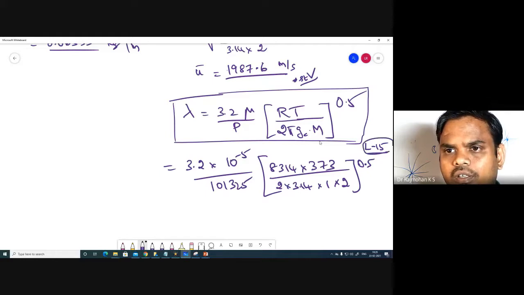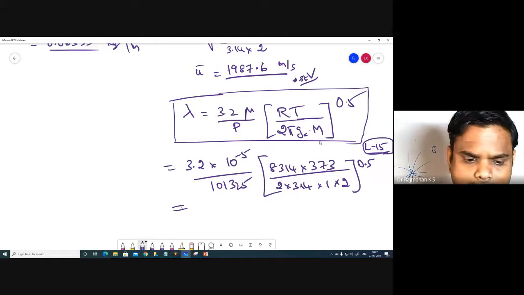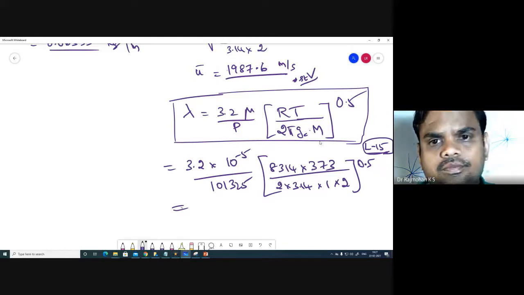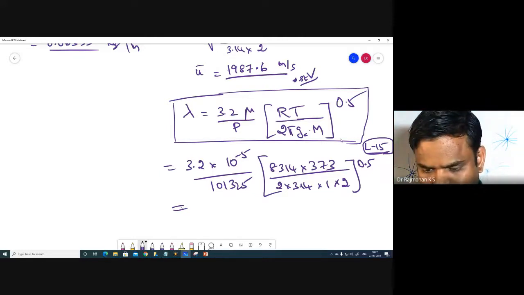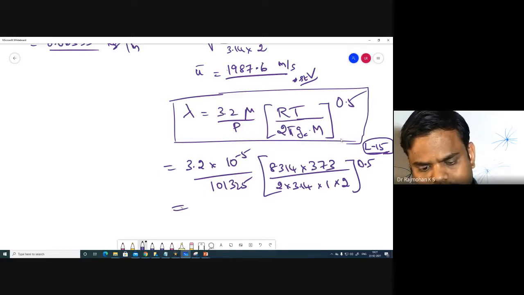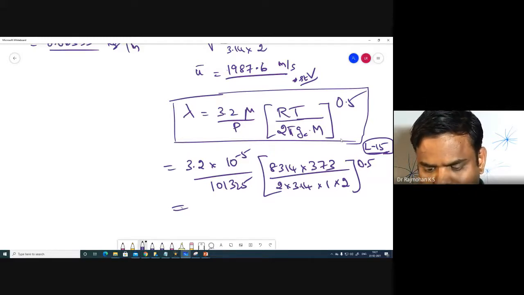So what is the value? Please use your calculator. 3.2 into 10 power minus 5 divided by 101.325 into, open the bracket, 8314 into 373 divided by 2 divided by 3.14 divided by 1 divided by 2, close the bracket, raised to the power of 0.5.